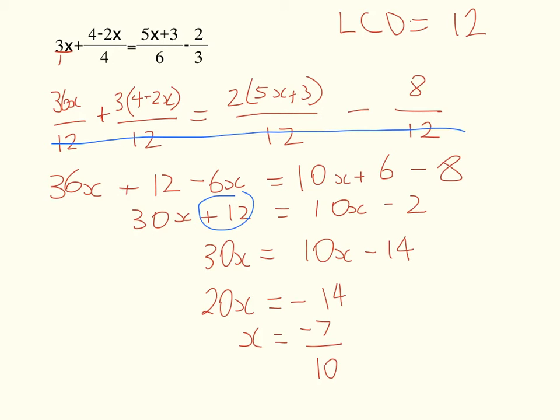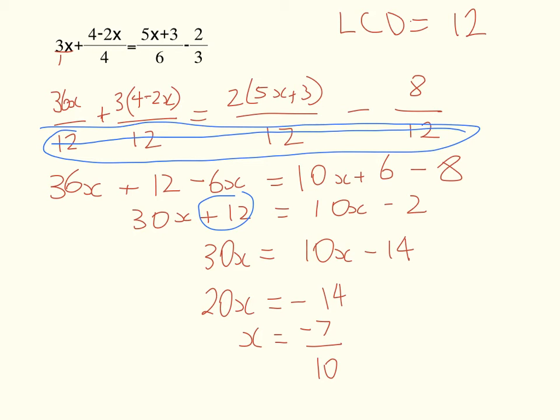So the other option here is to straight away, rather than rewriting this step with all the denominators, just rewrite all the numerators with their multiplication. So really what I've had to do here is multiply this one by 12, this one by 3, this one by 2, and this one by 4.